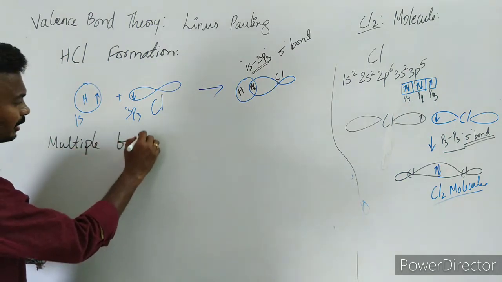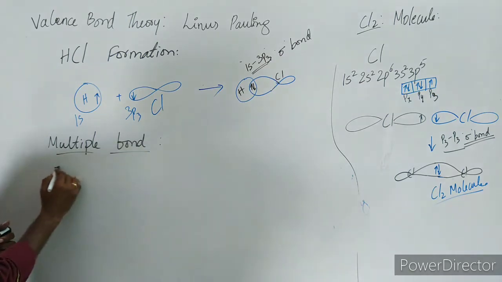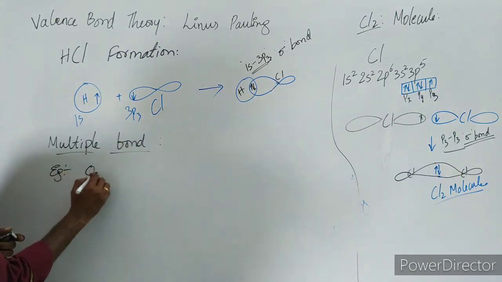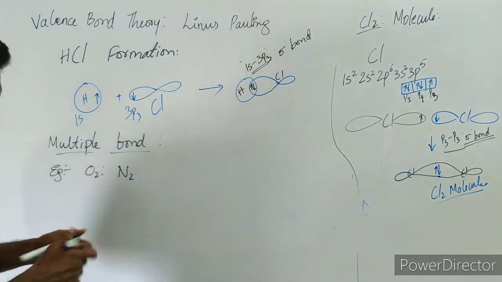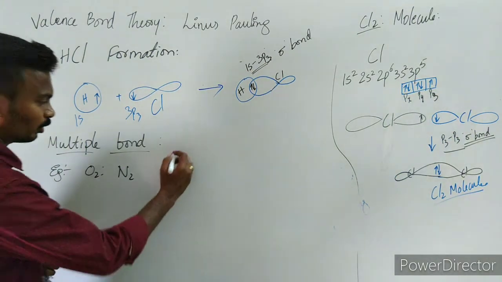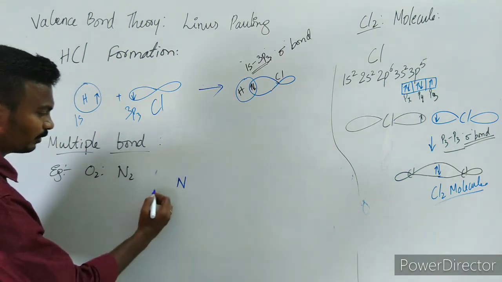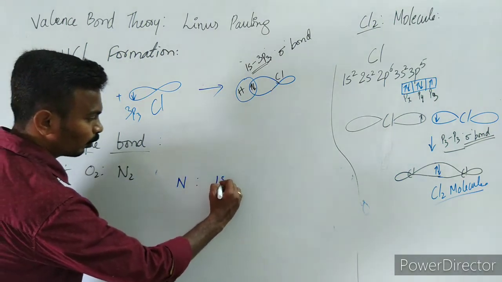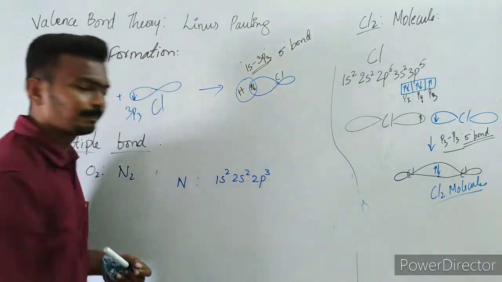Molecules containing multiple bonds are, for example, O2 and N2. Let us take the nitrogen molecule. If you take nitrogen, it has 1s2, 2s2, 2p3.